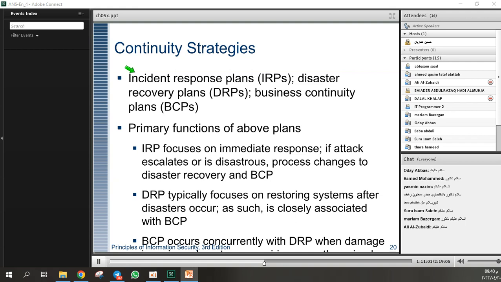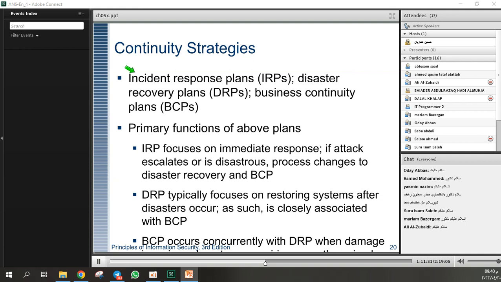Maybe it becomes extinguished by itself, but on the other hand, that fire may destroy the whole building. In IRP, we focus on immediate response.